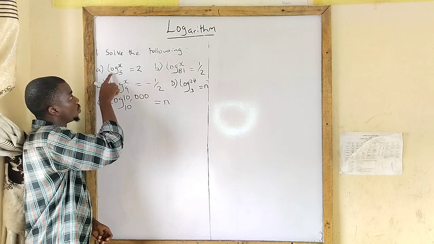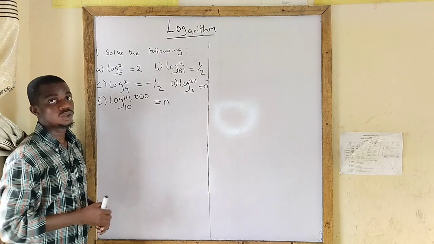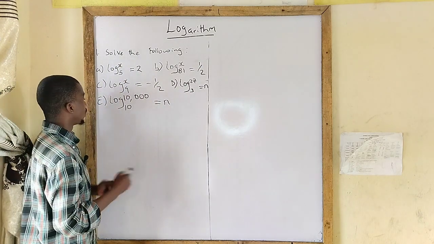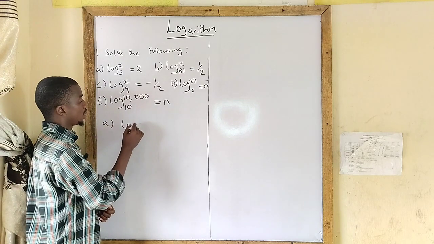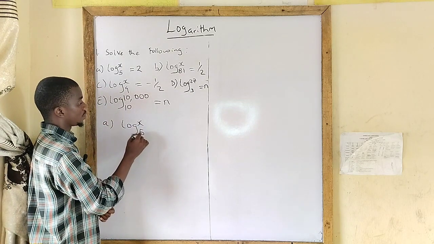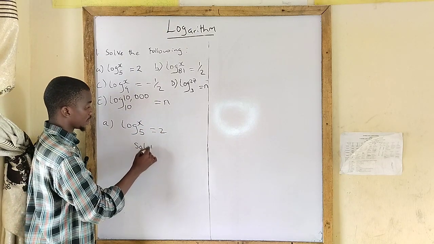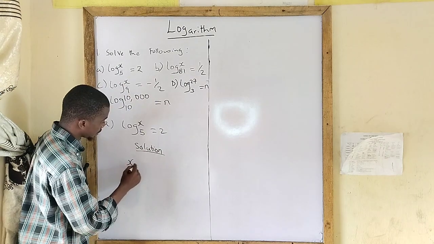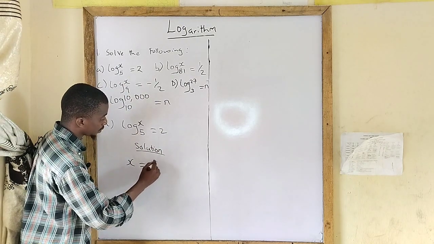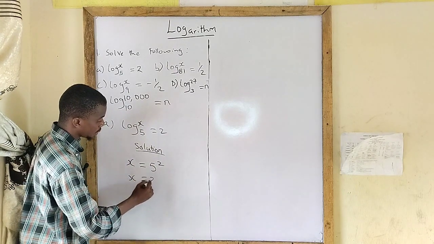We have x equal to 5 raised to the power of 2, and x is equal to 25.